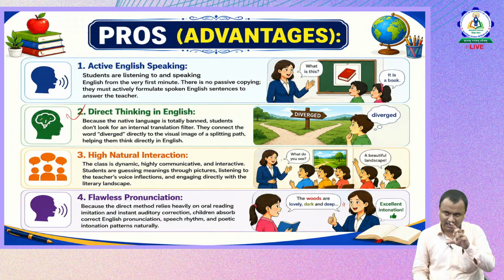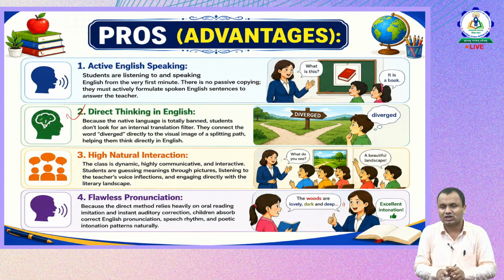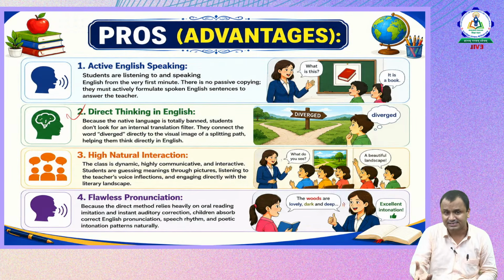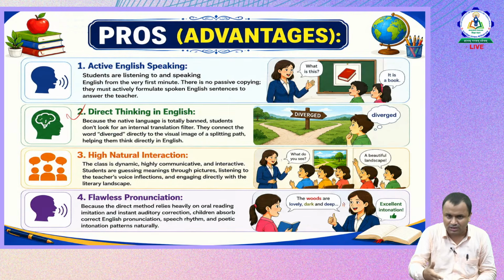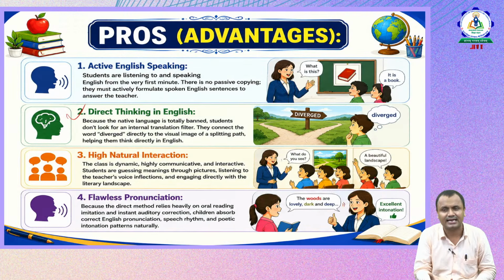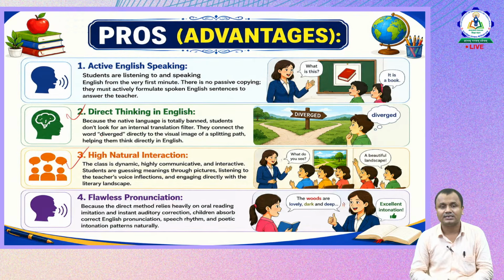So that artificial element which we see in the grammar translation method, where the student translates from the mother tongue to English and produces an artificially structured sentence, is not available in the direct method. In the direct method, you'll find a dynamic, natural classroom interaction, where the students are in the habit of speaking and thinking in the target language. So in this method, we see high natural interaction.